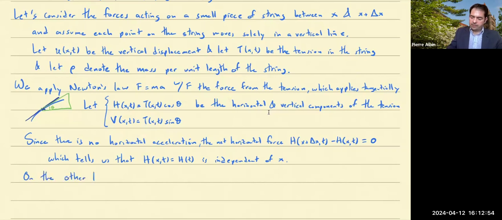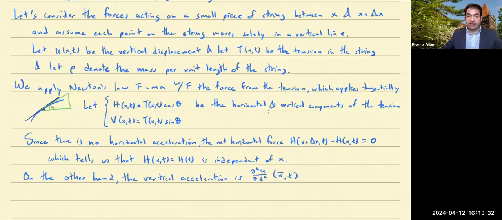On the other hand, the vertical acceleration, right, is given by the second derivative of u with respect to t, evaluated at some point. So it's not surprising the second derivative with respect to time, because if you have position, then one derivative gives you velocity and the second derivative gives you acceleration.